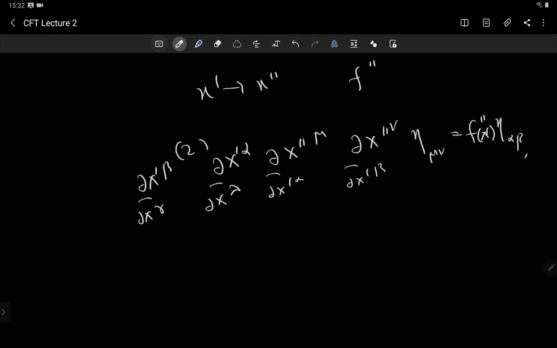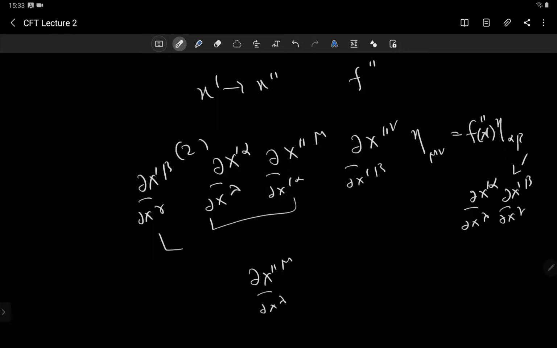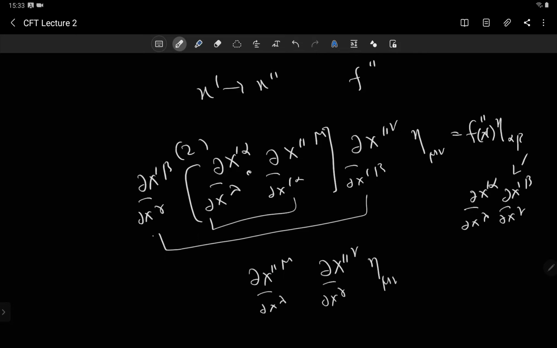Then by the chain rule, this thing is just del x double prime mu del x lambda, and similarly for this one. It's just a chain rule. And then if you do the chain rule for this, it would be del x double prime nu del x gamma eta mu nu, right?